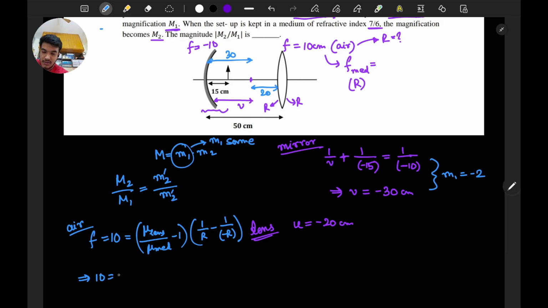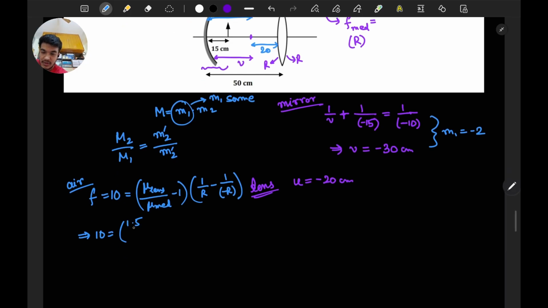So this is 10 equal to 1, mu lens is 1.5 by 1 in air minus 1 into 2 by r. So from here we can easily find out that this r is 10 centimeter.